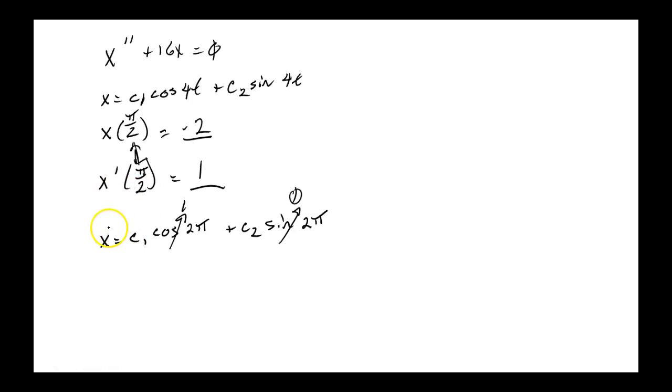So since x at pi halves is minus 2, you have minus 2 is equal to C1, because cosine is 1 there, and we don't have any information about C2. So let's plug that in. So x is equal to minus 2 cosine 4t plus C2 sine of 4t.